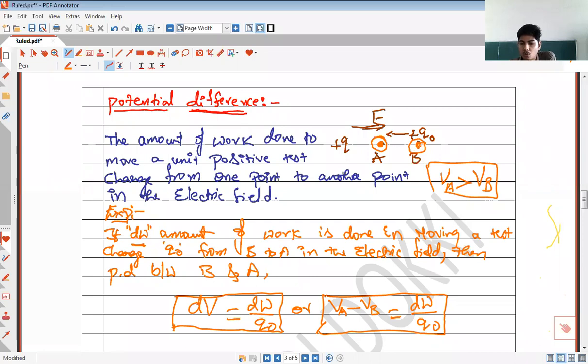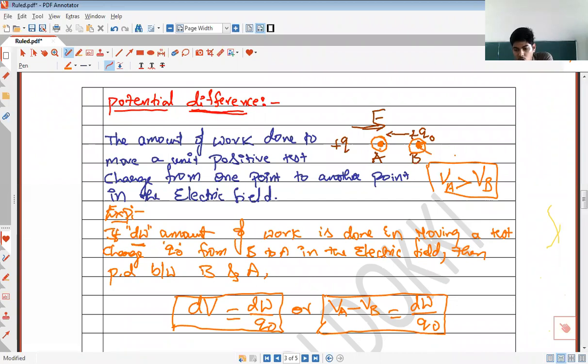So if you have moved the charge from B to A, you have to write potential difference as VA minus VB, higher potential minus lower potential. Potential difference is always higher potential minus lower potential. You will have to do work only if you are moving the charge from lower potential to higher potential. You are moving the charge from B to A, isn't it?